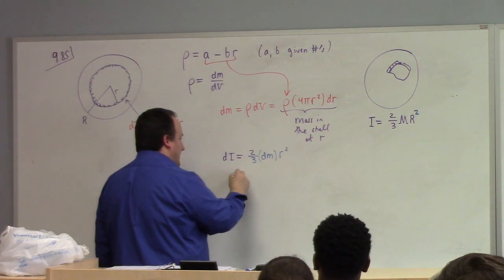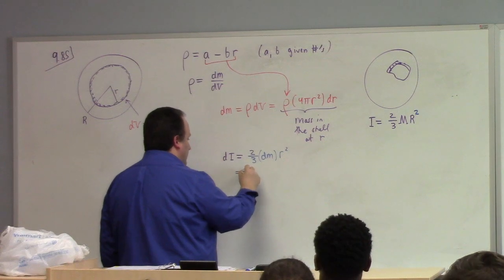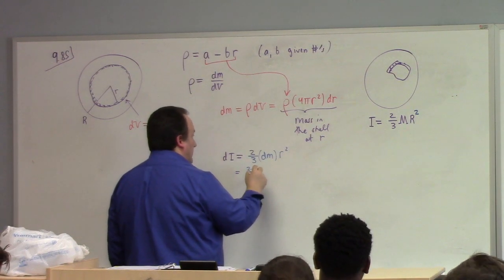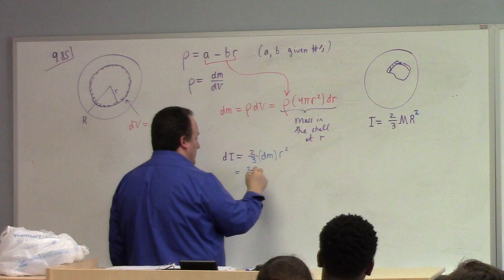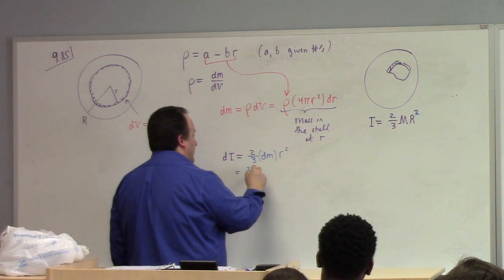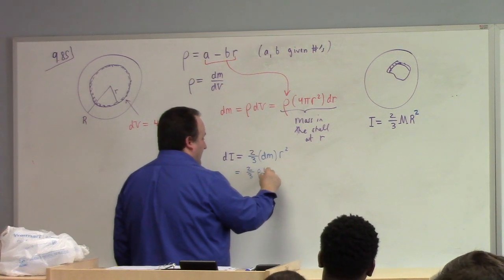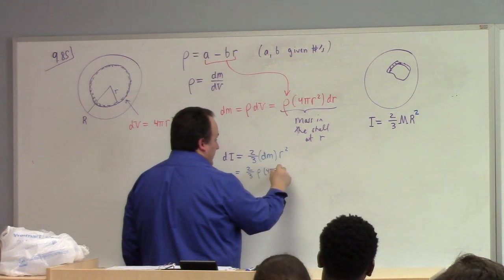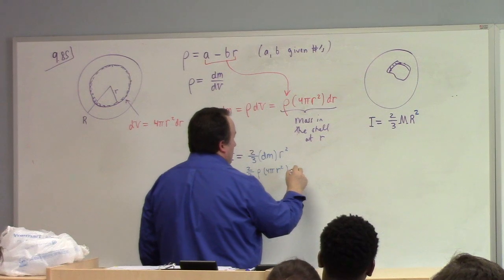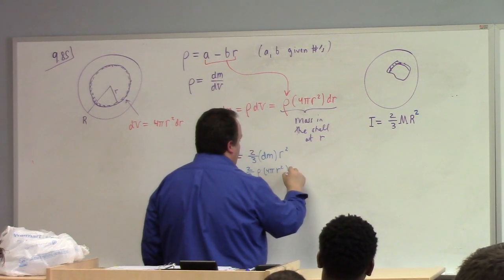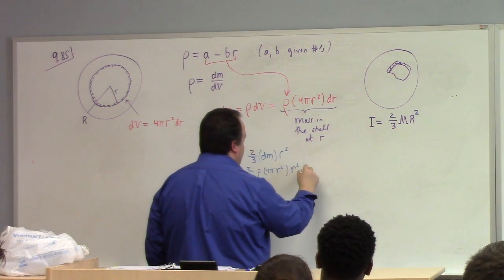But that means 2/3 times rho times 4 pi r squared times r squared, and I put the dr last.